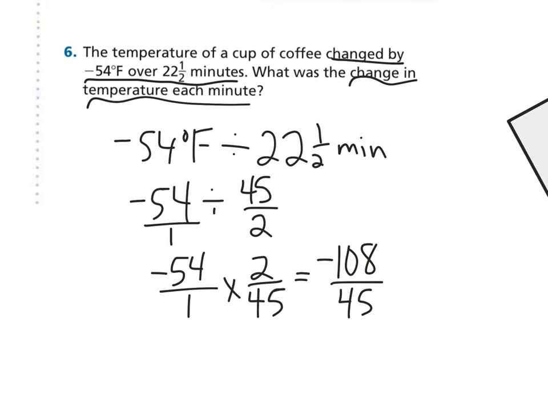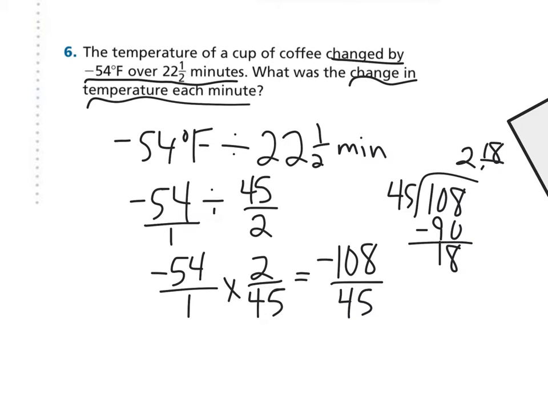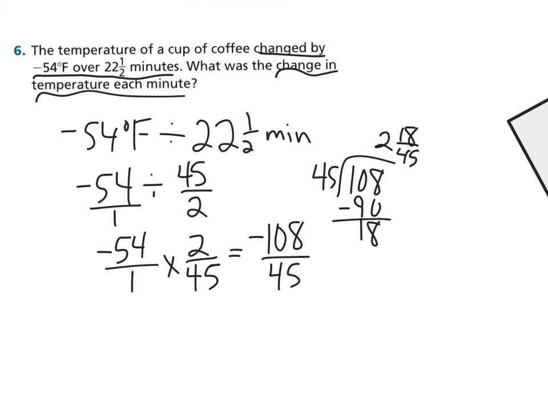Alright, once we get to that point, we've got an improper fraction, so we can divide that out. And then the fraction will actually be able to reduce that. So 18 and 45, we can reduce both of those by 9. And then just make sure you remember this is a negative.